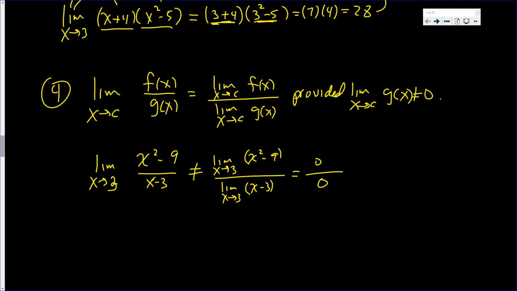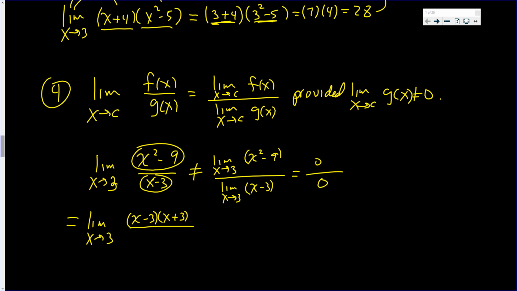Okay, so since that's wrong, let's do it the right way. When you plug in 3, you get 0, and you plug in 3, you get 0 here. That means that x minus 3 must be a factor for the top, and you have to get good in factoring. The other factor is x plus 3.